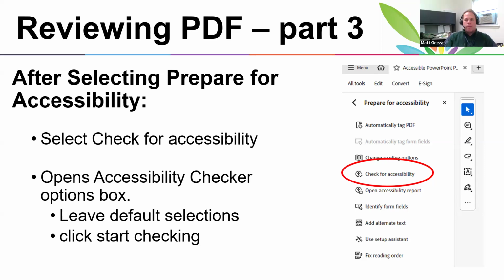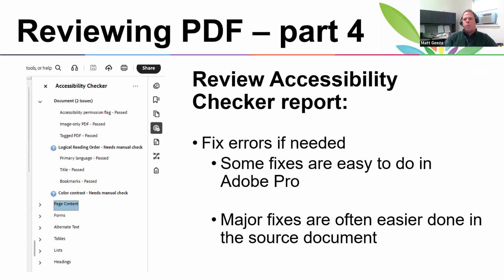We'll leave all of the default selections selected. So those will be check boxes that we just leave checked, and then we click the Start Checking button. That will run the accessibility checker, and it doesn't take long for the accessibility checker to run.